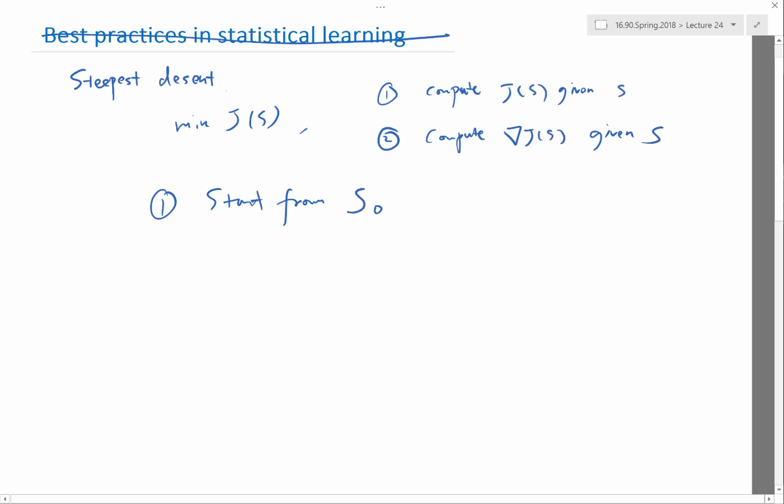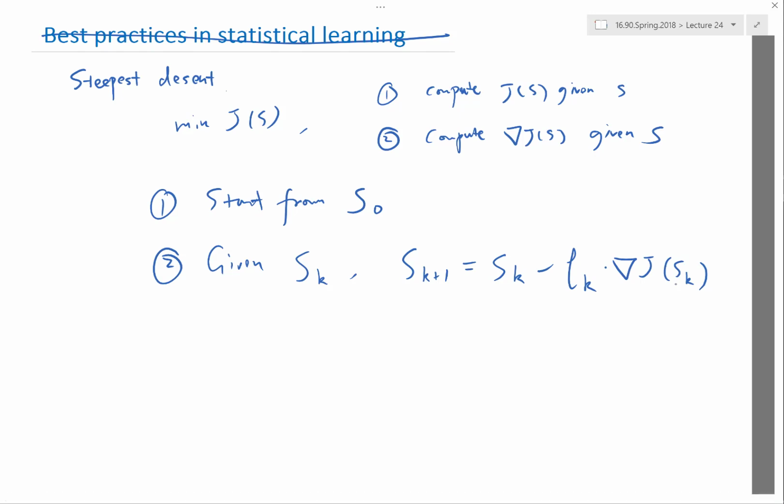Start from s0, and given sk, where k is 0 initially, my sk plus 1 is going to be sk minus a step size, let me say lk, times the gradient of J at sk. So that's the procedure of steepest descent.